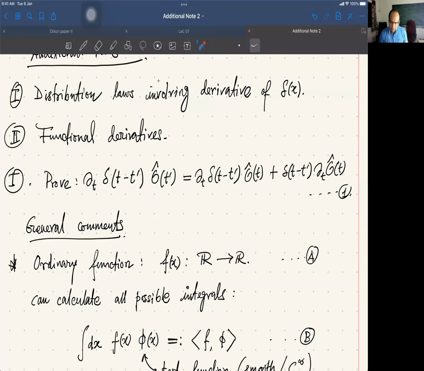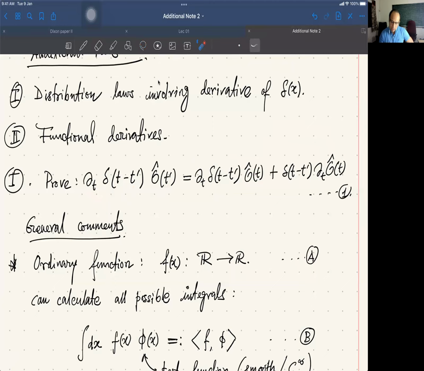And there is one more thing, that there are two points involved here. The derivative is acting on one of the t's. The other t has no derivative, but here the time derivative acts on the delta function but multiplies with an operator at t prime, and this expression is being written in terms where the operator sits at t.